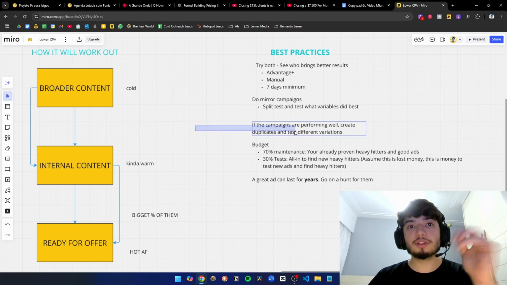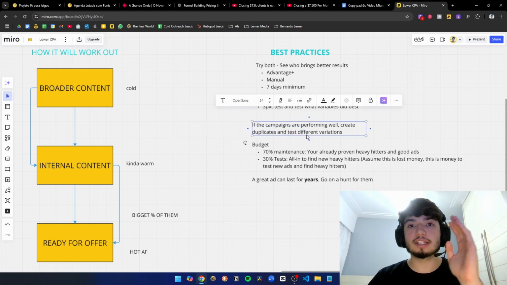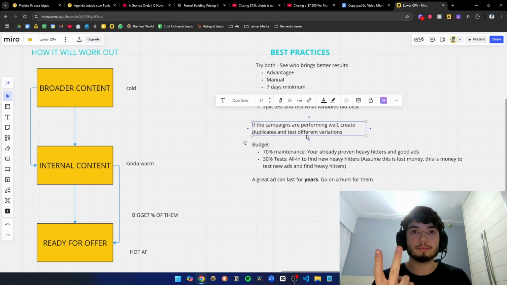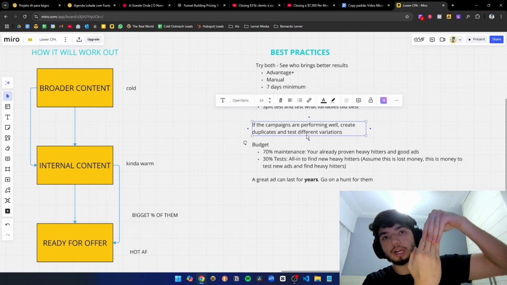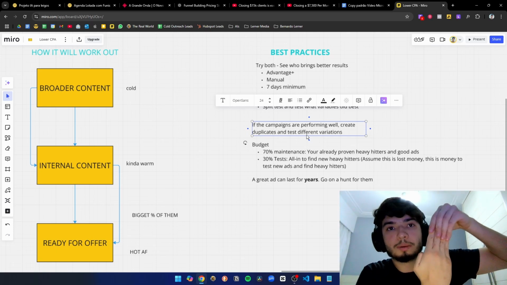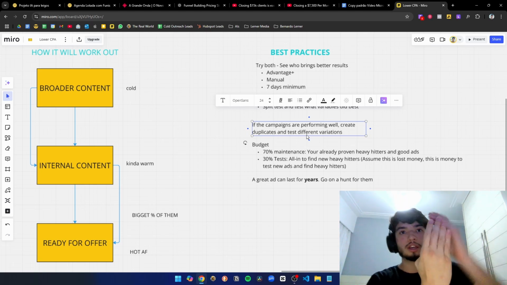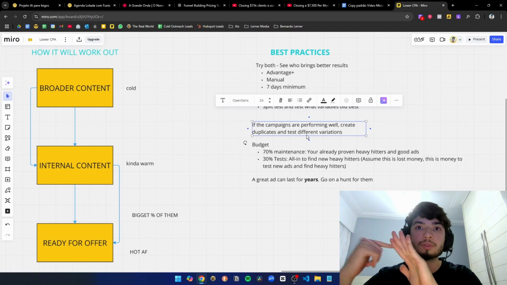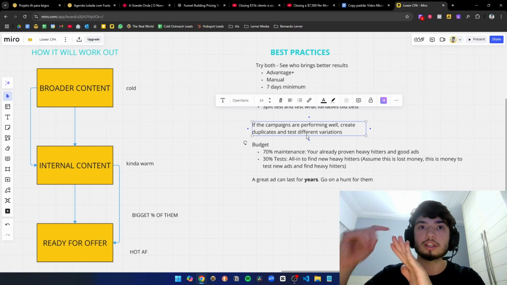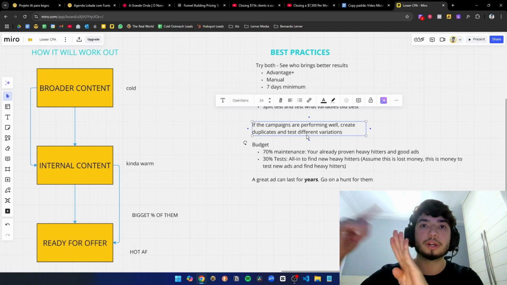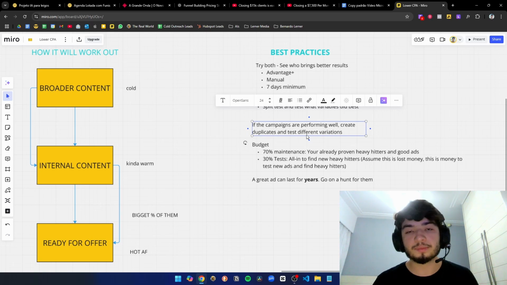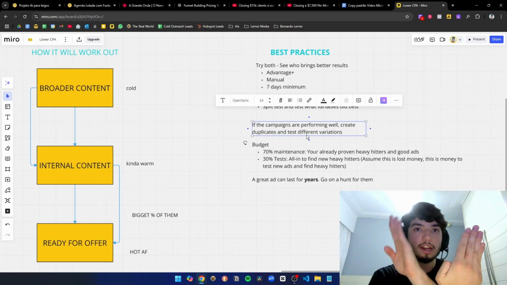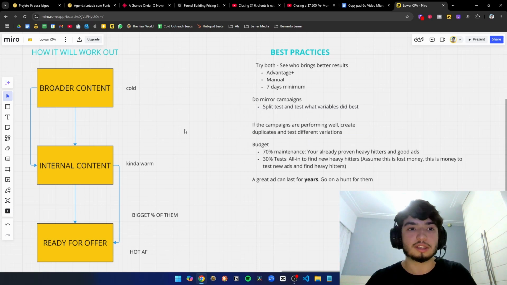If you find one or many of these ads, you create a duplicate of them. You keep the main one running, the one bringing the results in, and you create a duplicate and test other variables to see if you can get an even better result. You got a heavy hitter, you duplicate it, adapt it, and test new things.